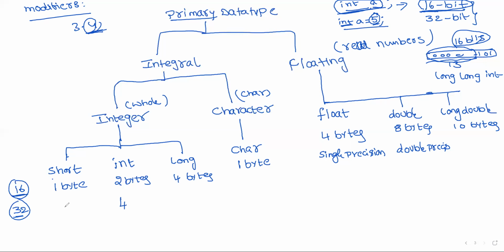The size of short is 2 bytes. The size of long integer does not change. Remember this: the size of long integer does not change. And floating, double and long double are the same.